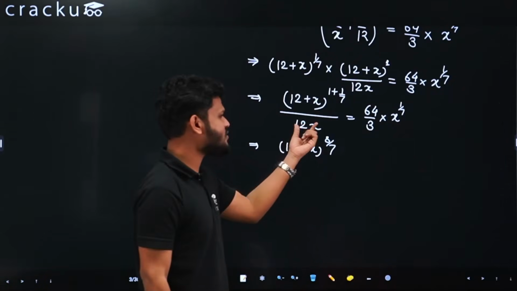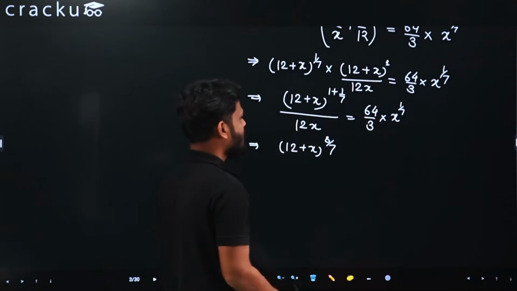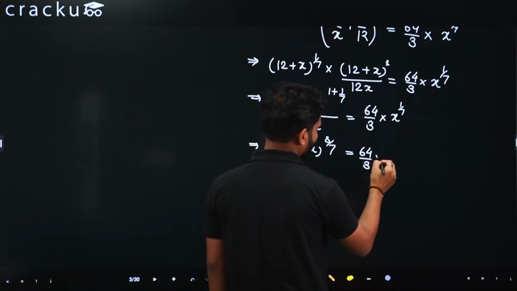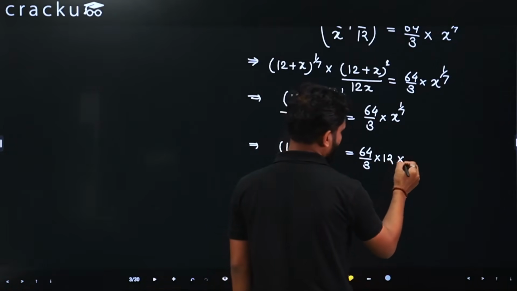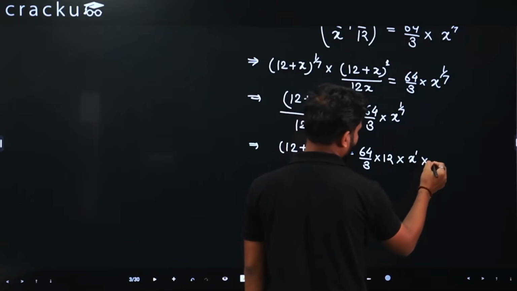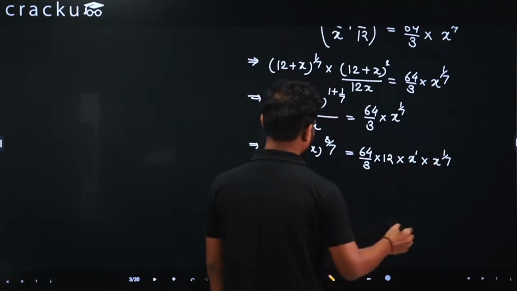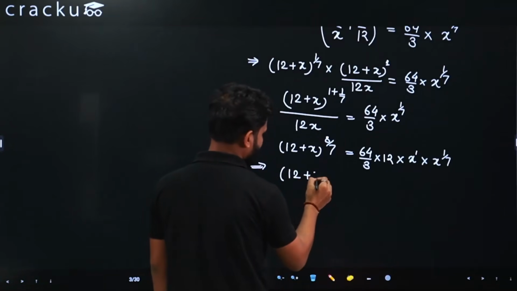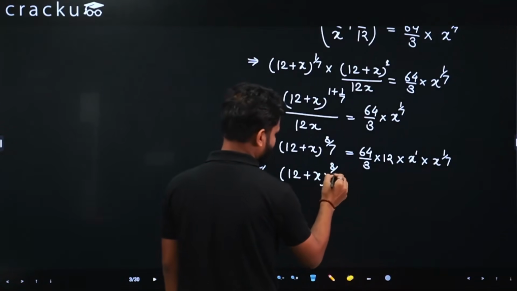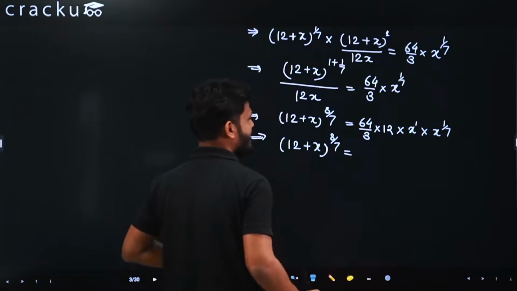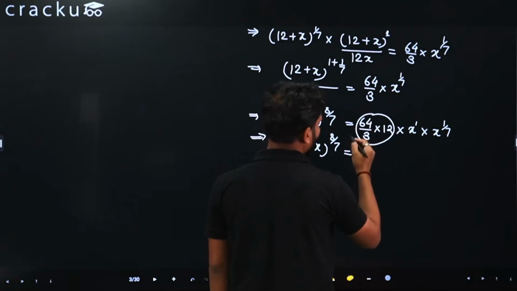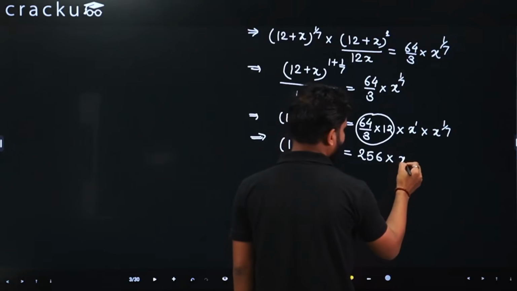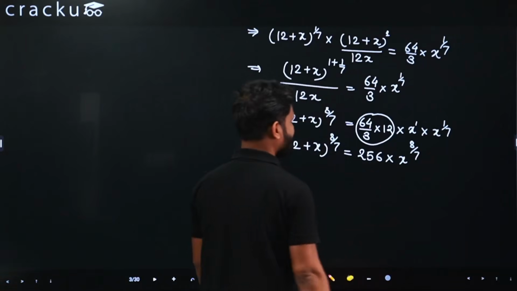And if you take this 12x on that side, what will you get? You will get 64 by 3 into 12 into x raised to 1 into x raised to 1 by 7. Correct? From here you can write 12 plus x raised to 8 by 7 is equal to what? This will become 256 into x raised to 8 by 7.